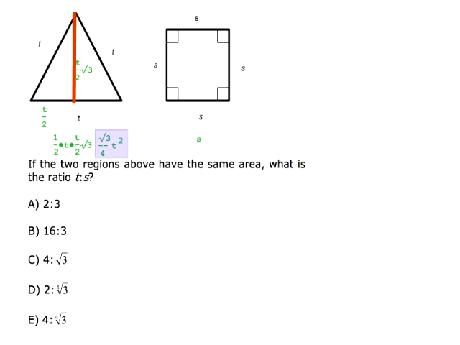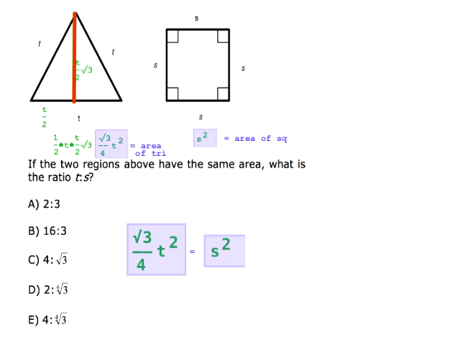And then the area of this thing is definitely S squared. And these are areas. Make sure you label things just so that you don't forget what it was when you get back to it. So area of a triangle and area of square. These are equal. So if you set those equal to each other, you're going to be able to take the square root of both sides.